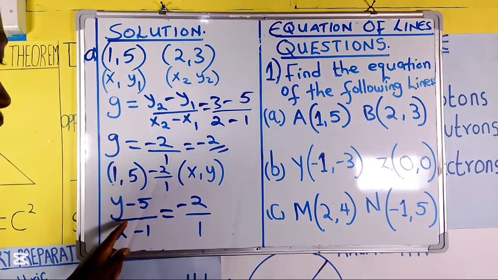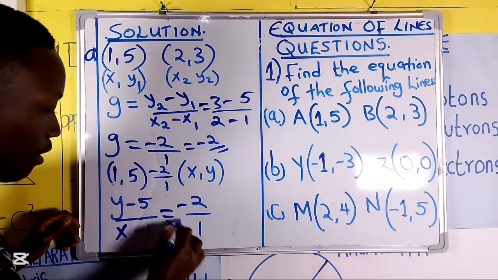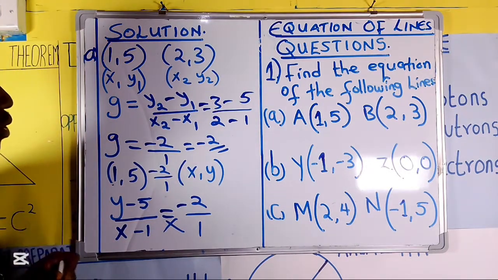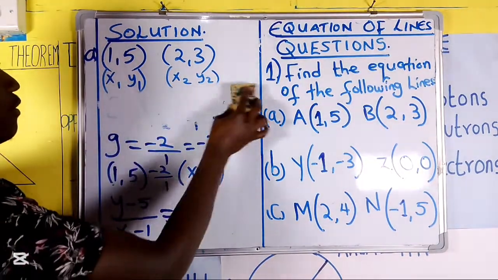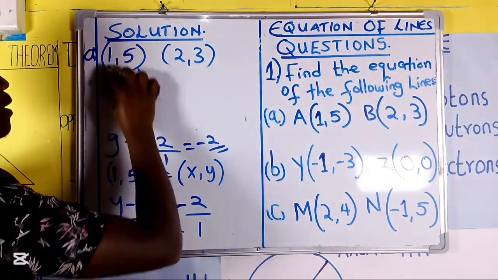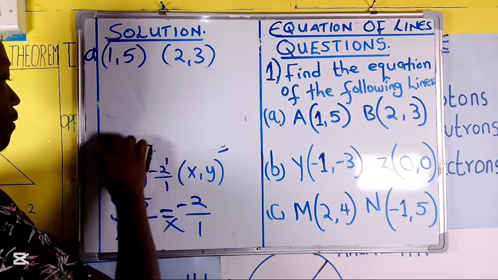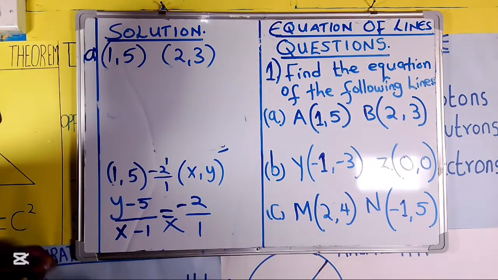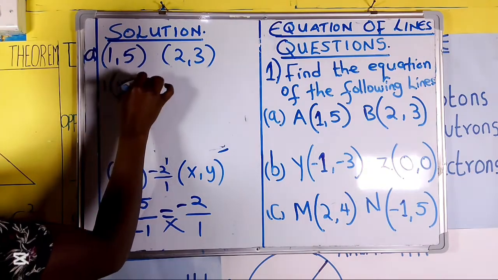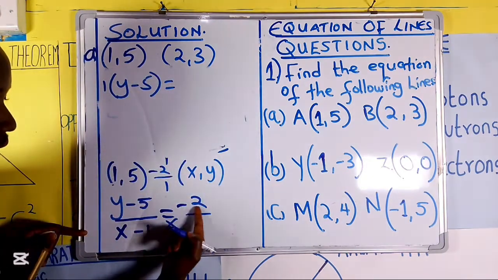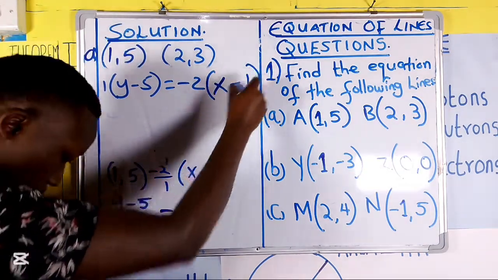From this point, we will now cross multiply. If we cross multiply, it will be 1 multiplied by (y minus 5) is equal to negative 2 multiplied by (x minus 1).